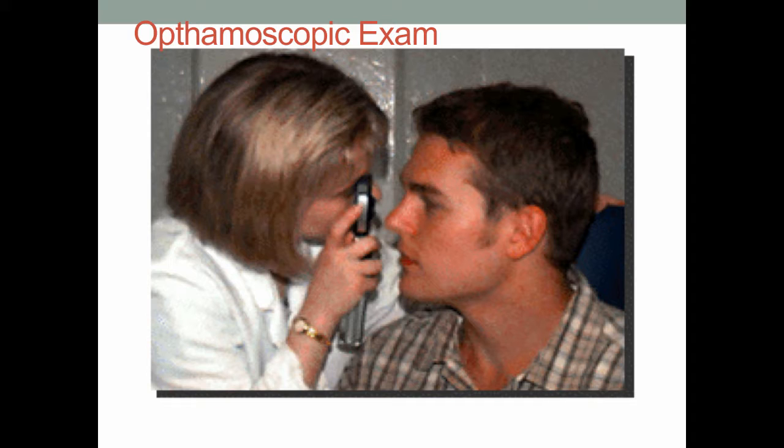The most critical thing to remember is that when you're actually looking at the retina, you cannot do that well unless you're very close to the child's eye. And so you can see in this exam, she is adequately close to the adolescent's eye that she's examining.